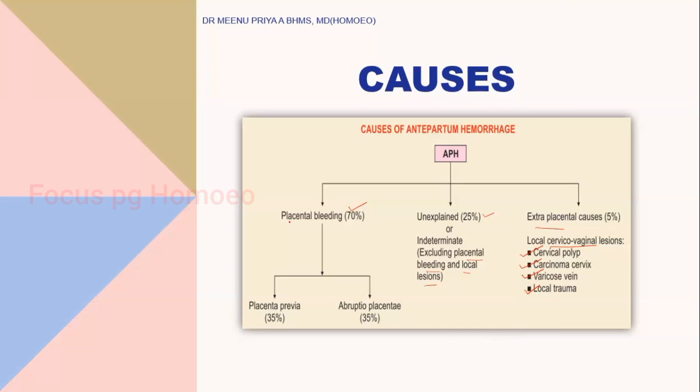And when it comes to placental bleeding, which is 70%, what are the two main conditions? It is placenta previa and abruptio placentae. Just as adenomyosis and endometriosis are favorite questions of competitive examinations in gynecology, in obstetrics the two conditions most frequently asked are placenta previa and abruptio placentae.